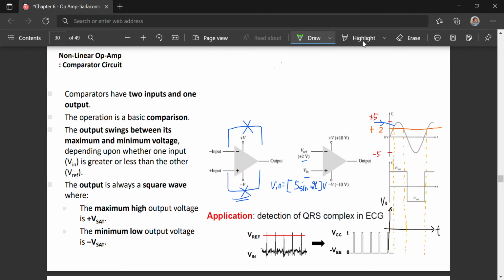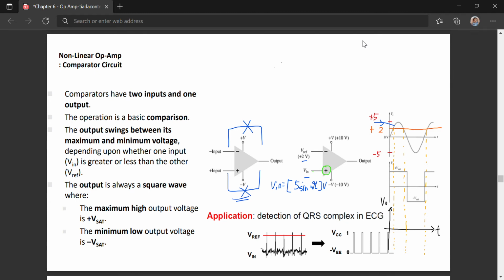Alright, and then we see where is the input for our circuit. So here in this case, the input is connected to the positive part of the op-amp input, and the Vref is connected to the negative input of the op-amp.